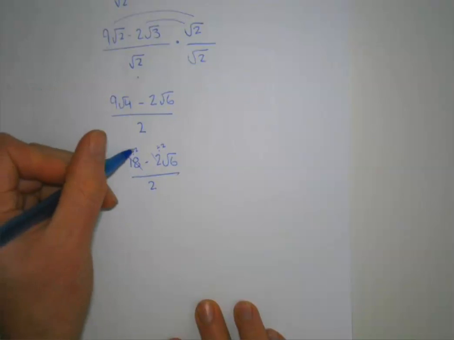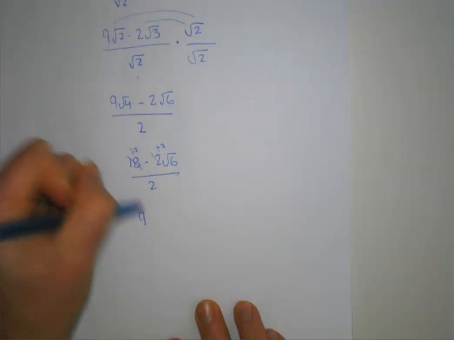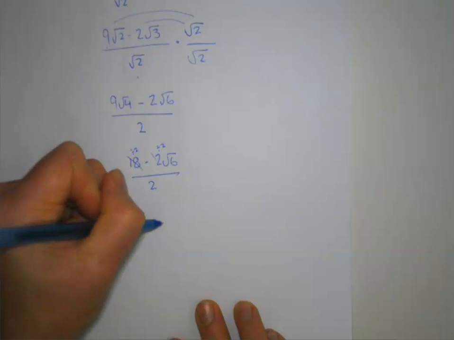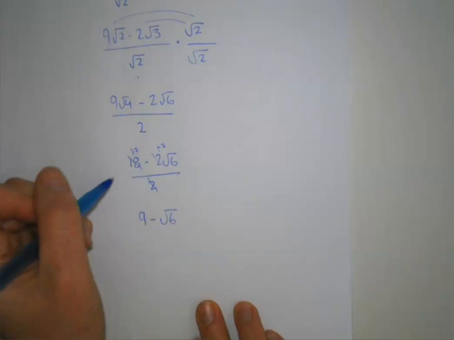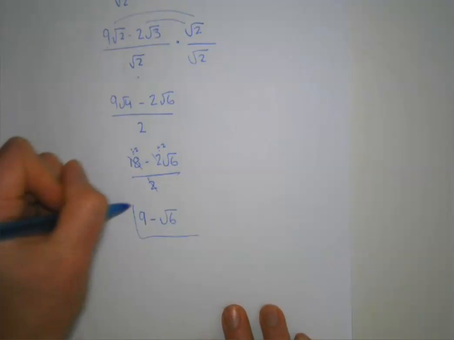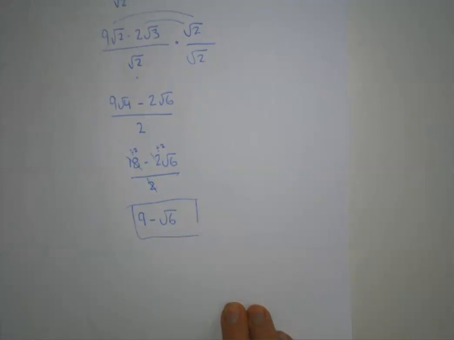So 18 divided by 2 gives us 9. 2 divided by 2 is 1, so it's going to be 9 minus root 6. We've divided the 2 by both of the terms to cancel it out. So there's our final expression, 9 minus root 6.